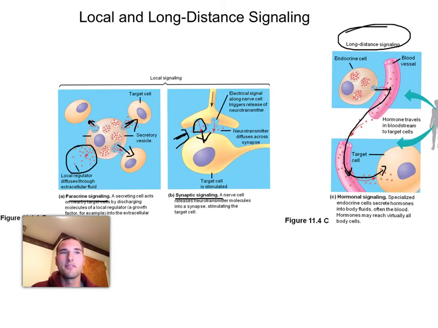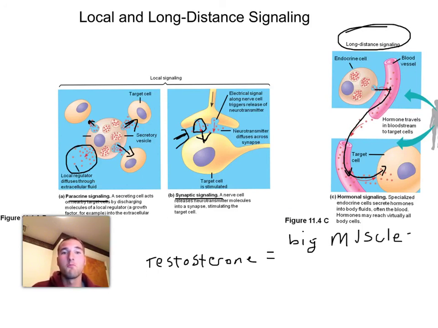Males increase testosterone production once they hit puberty, and the testosterone is made in the testes, hits the bloodstream, and goes throughout the entire body, sending a signal to all kinds of different cells to do all kinds of different things. Muscle cells will start to develop in response to this signal of testosterone.